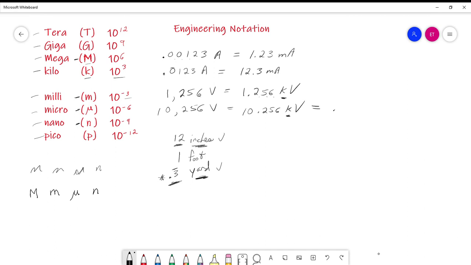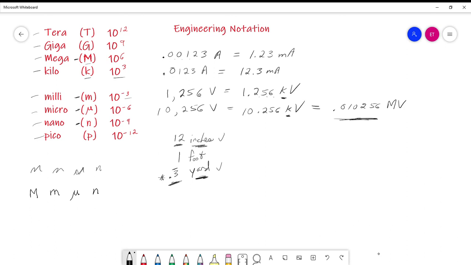And in fact, it gets a little too small for true engineering notation, right? So you wouldn't use mega because you're not at a number here that's between 1 and 999.